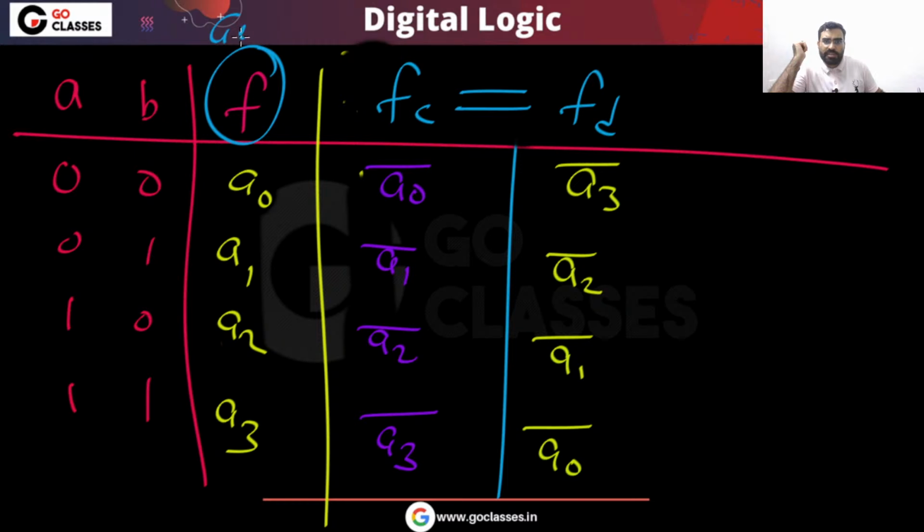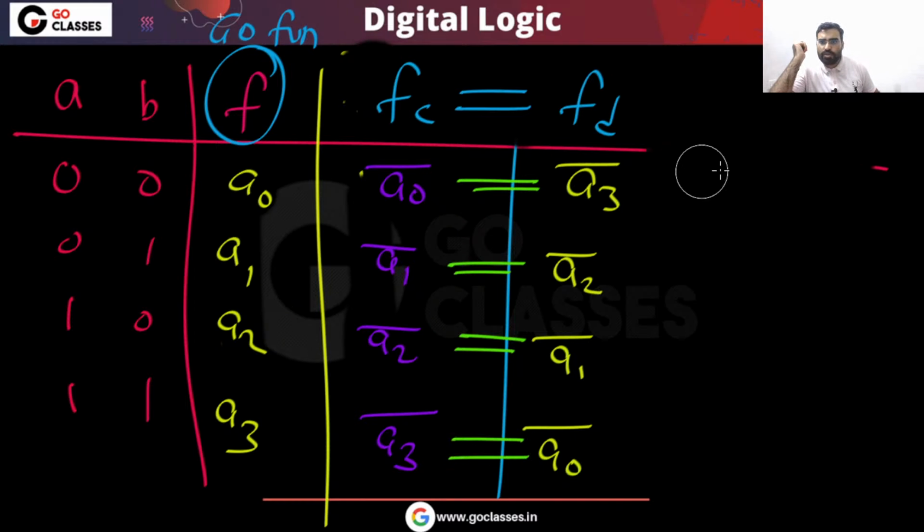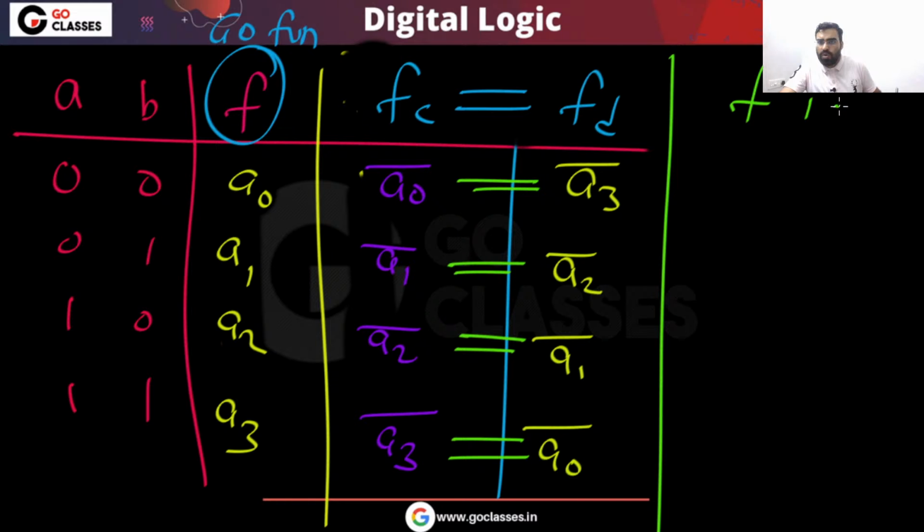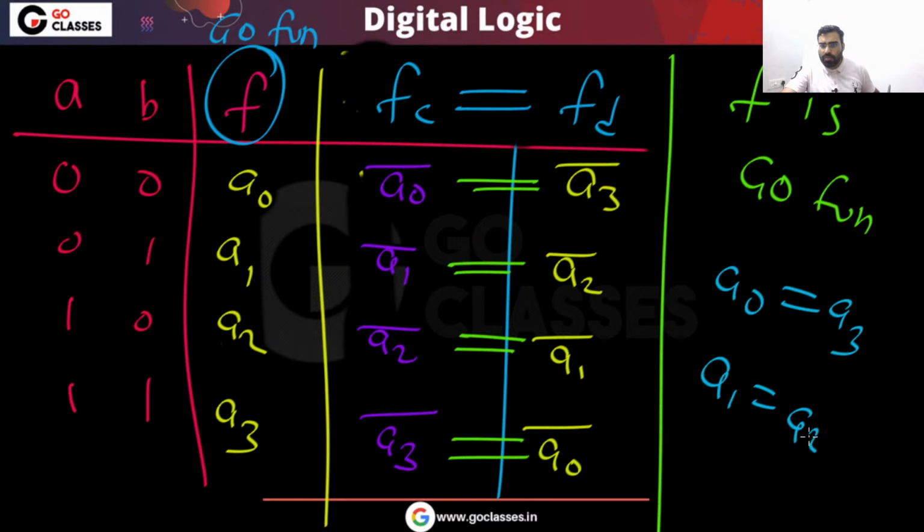So I can say f is a go function if and only if a0 is same as a3 and a1 is same as a2.